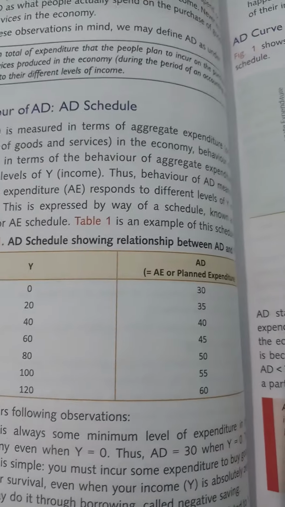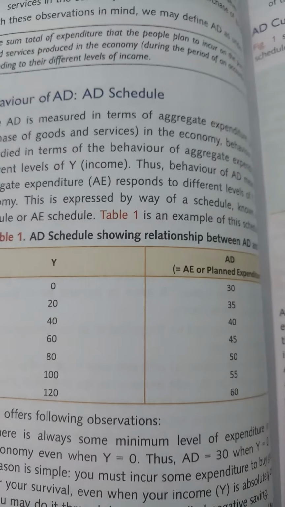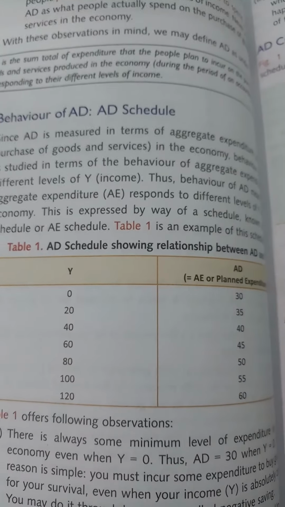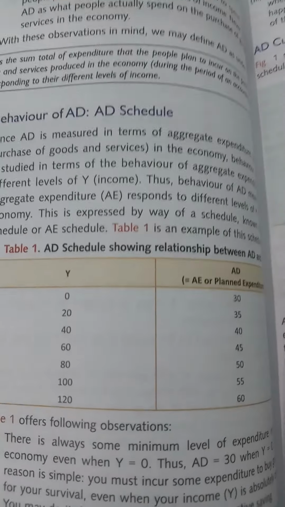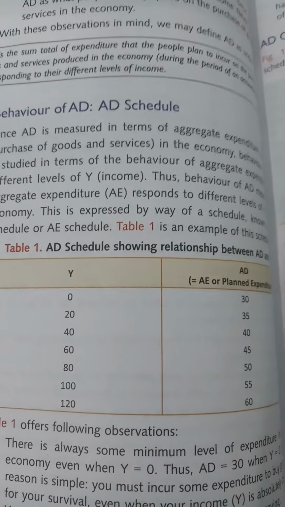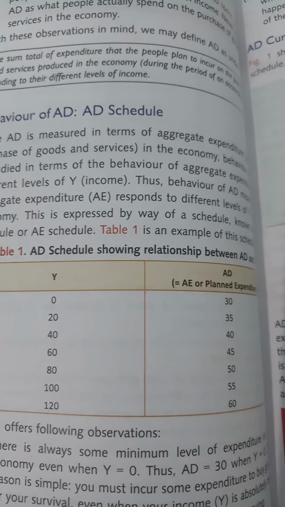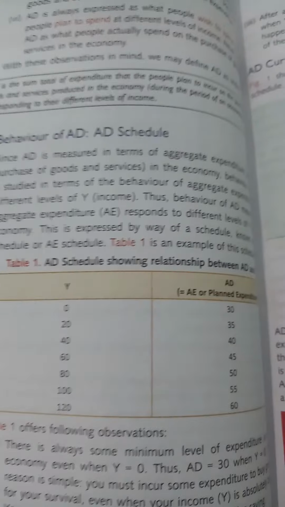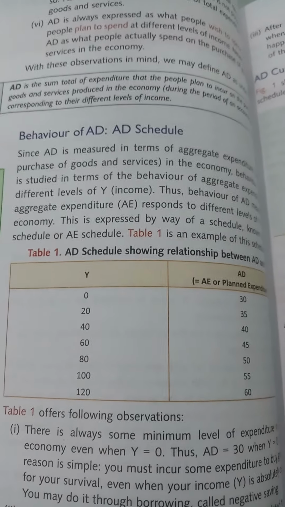You can see that the relation between Y and AD is a positive relation, which means whenever Y increases, AD will also increase. But the point to consider is that income can be 0 but AD can never be 0. Please remember, income can be 0 but AD can never be 0.